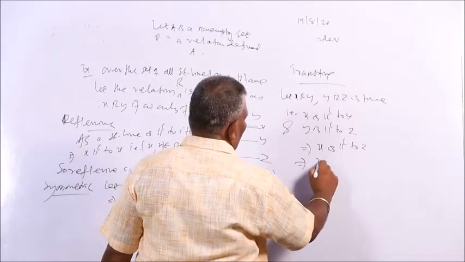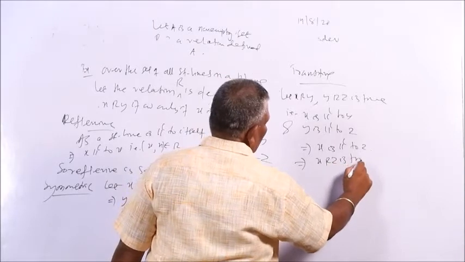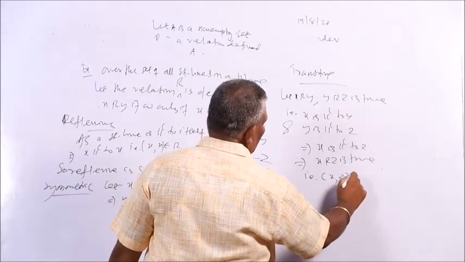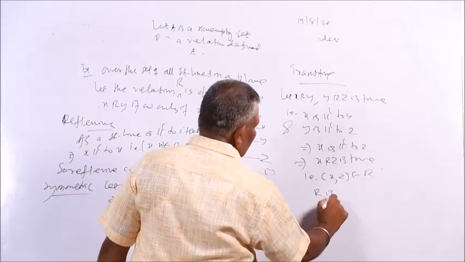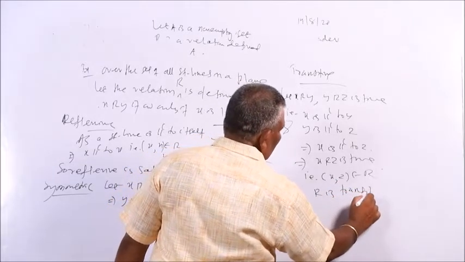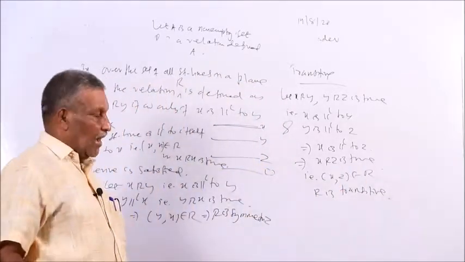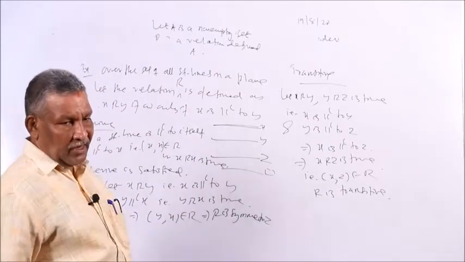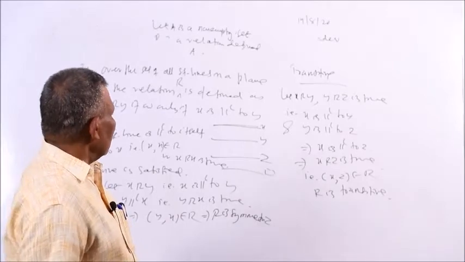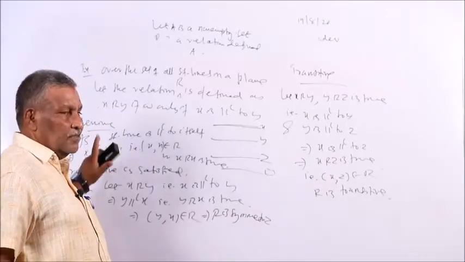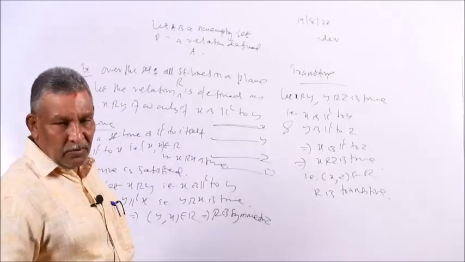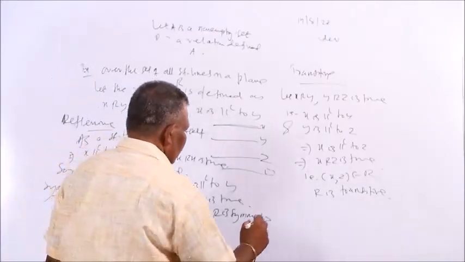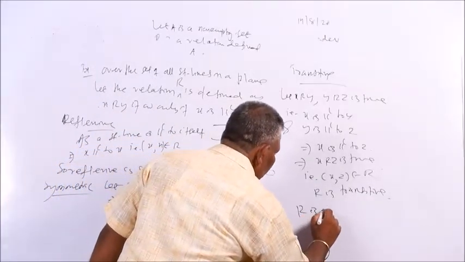So x R z is true, or the ordered pair (x, z) belongs to R, so R is transitive. As the relation of parallelism over the set of straight lines satisfies the reflexive, symmetric and transitive properties, the relation of parallelism is an equivalence relation.